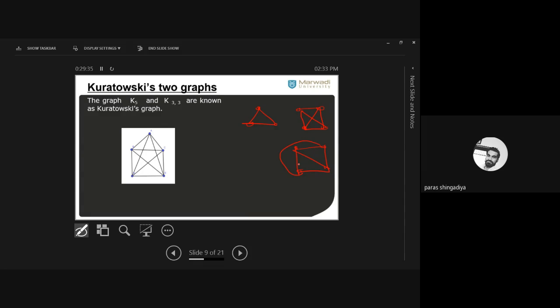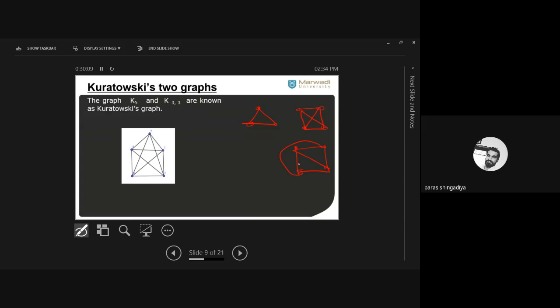So it has the minimum number of vertices and edges in a complete graph which is non-planar. We'll also apply the embedding procedure in the next example to show why it is non-planar. So here just consider one of the results: this graph has the minimum number of vertices, 5 vertices, with the minimum number of edges, 10 edges, and it is non-planar.